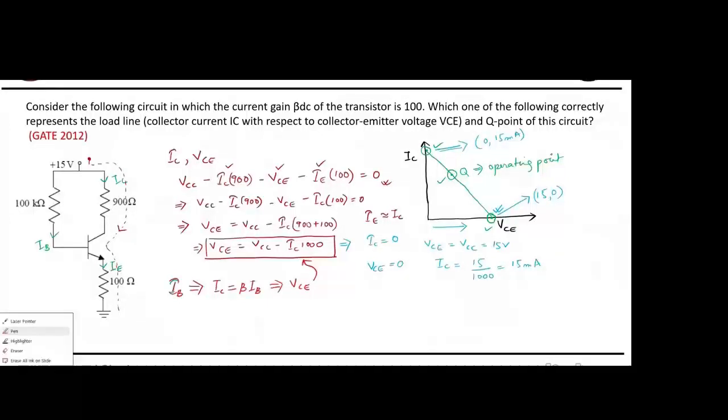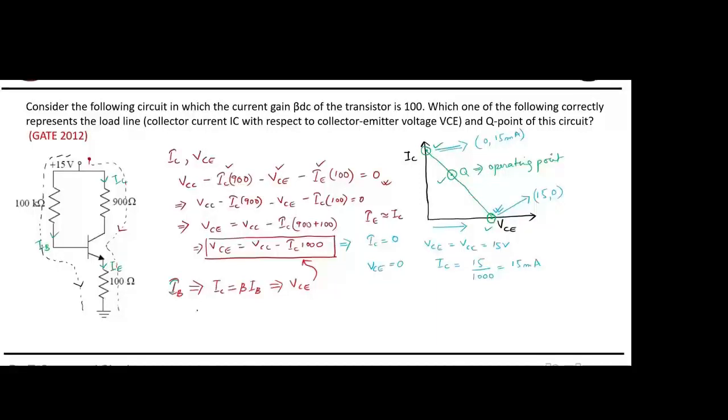Okay, can someone tell me how can I find IB? Can I use this loop? Yes or no? Yes, sir. Okay, can someone tell me the equation for this loop?